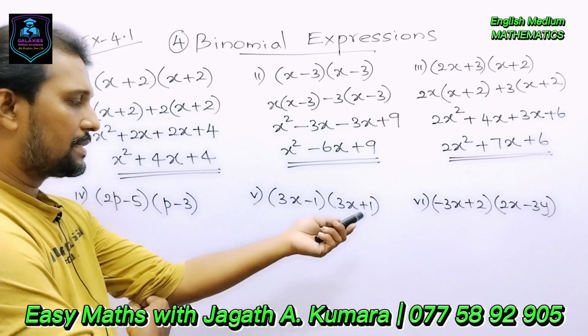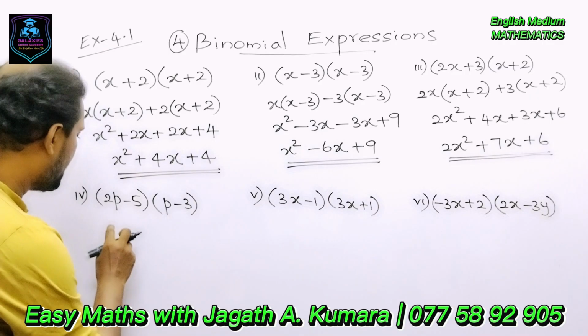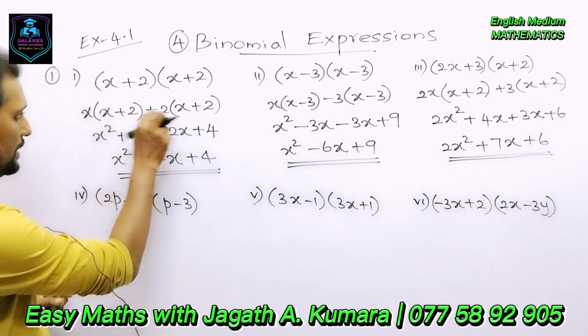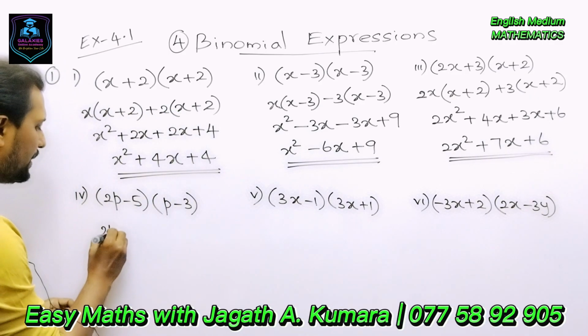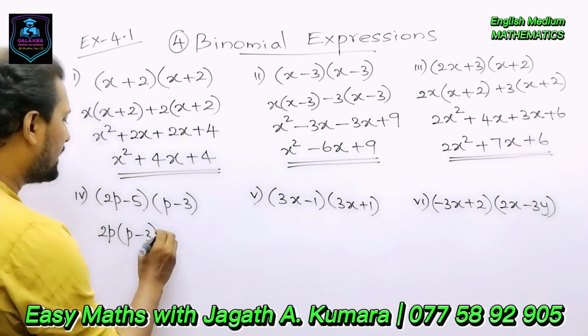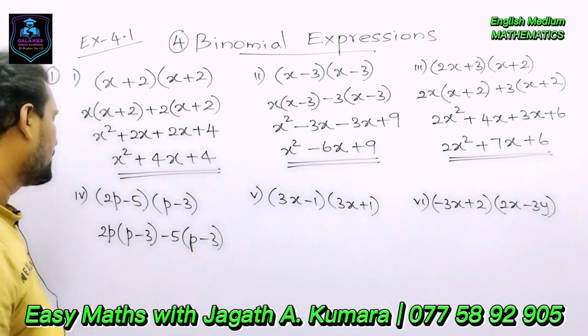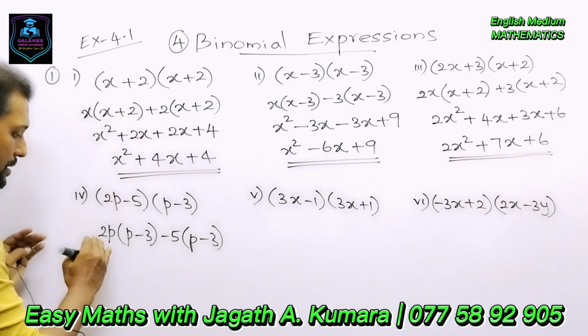They are the first three parts. Then we can go to the fourth part. First step I will write by using this method: 2p bracket p minus 3, minus 5 bracket p minus 3. Now remove the brackets.